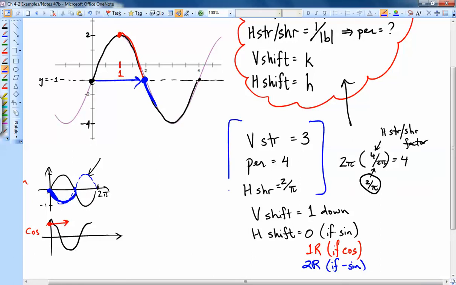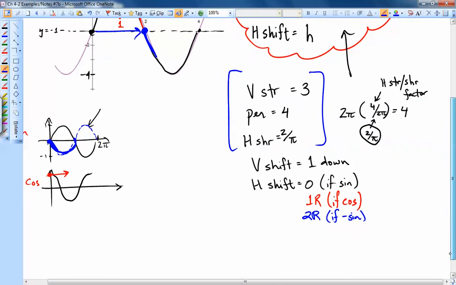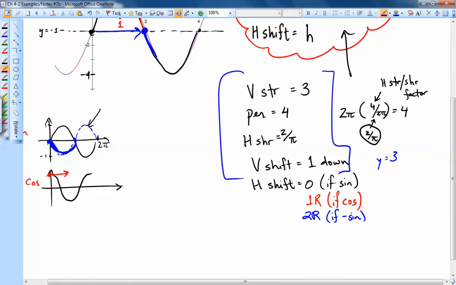These 3 things don't change for anything. Those are always the same. So no matter what, your equation's going to be y equals 3 times sine or cosine. All of these things stay the same no matter what. So for this one, we'll go y equals 3, because that's the vertical stretch, times, and I'm working in sine.